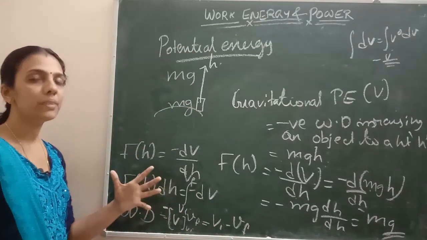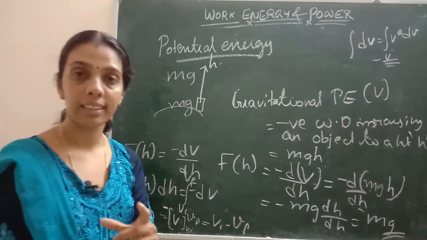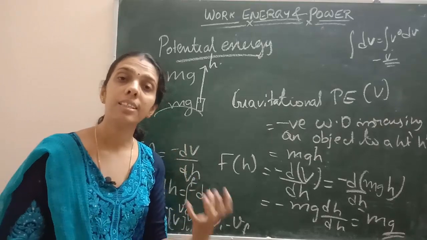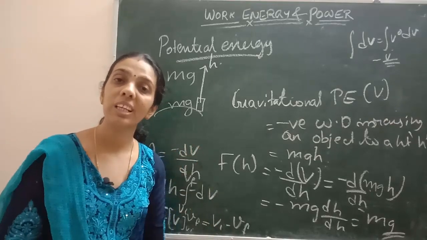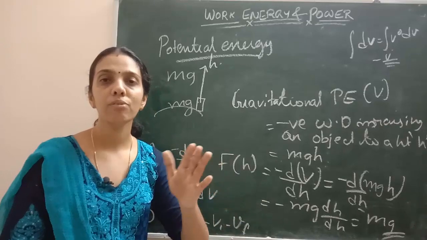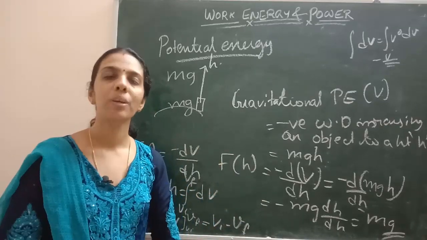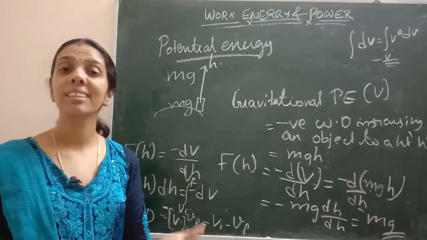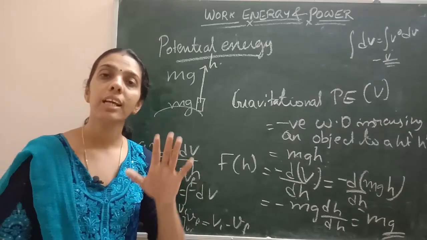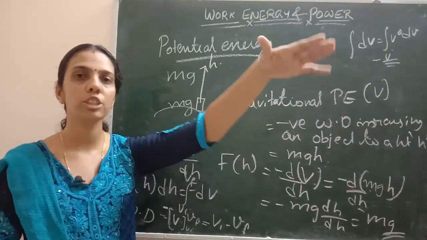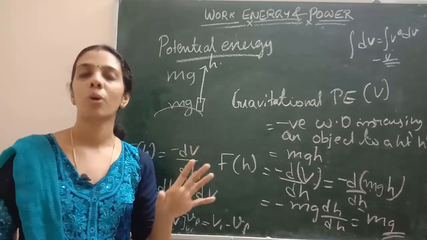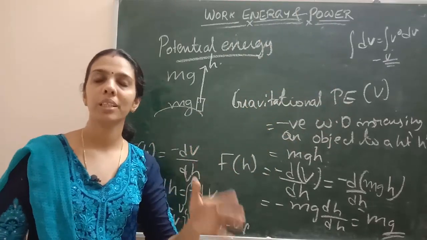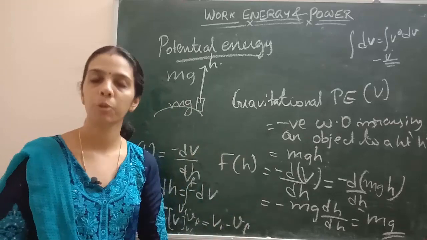So from there we can identify that the work done is depending only on the initial and final position. Okay, so this kinetic energy and potential energy, everything is depending on initial and final position. How it reached the final position is not at all considered; only the initial and final positions matter.